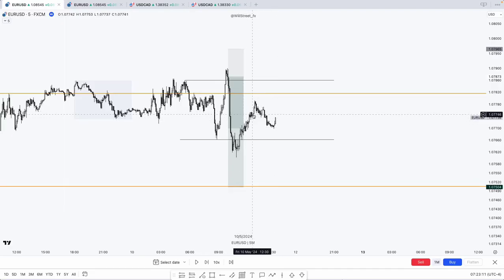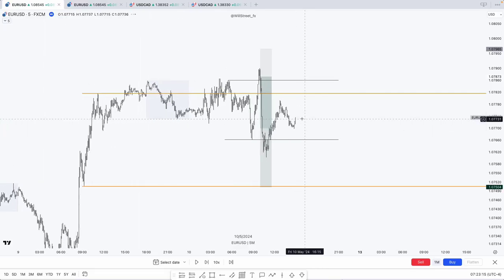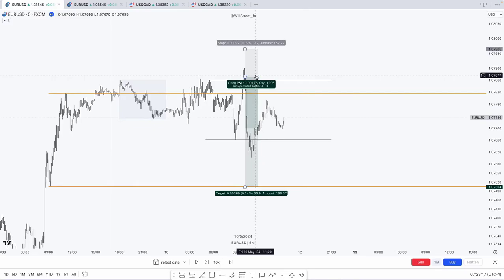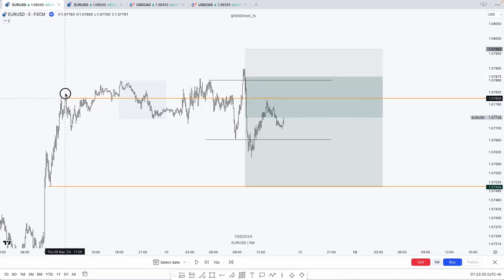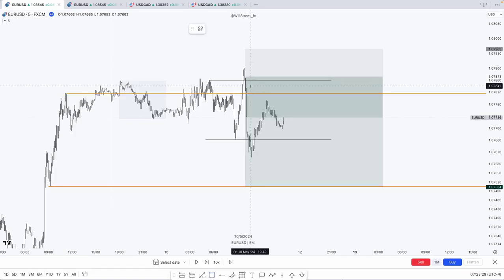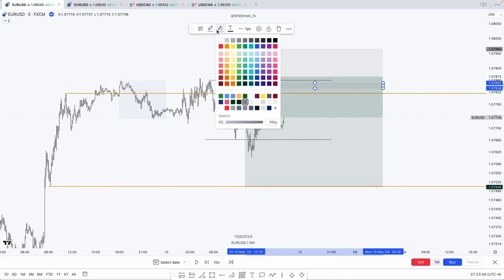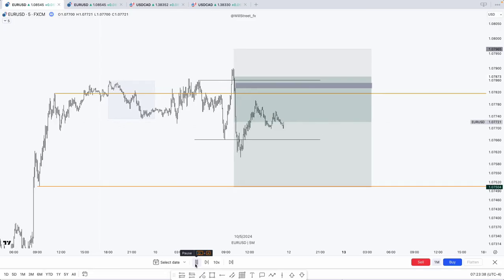Because we are going to the Asian session, I don't want to hold trades overnight. So what I want to expect is this range high. I don't want the price to go back here. If this happens, that will be a break even to me.